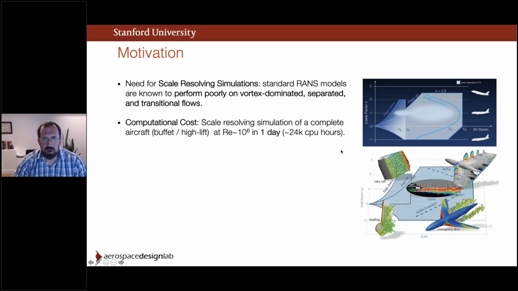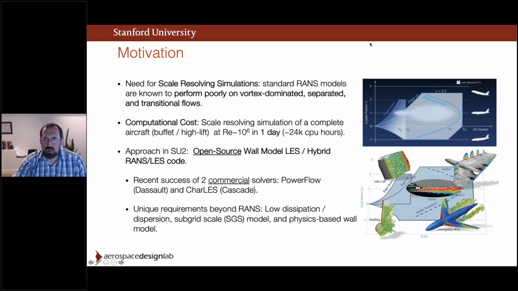Unfortunately, as you probably know, higher fidelity methods like LES and DNS are extremely expensive computationally. Thus, one of the main goals of this work is to use techniques such as hybrid RANS-LES and wall-modeled LES to reduce computational cost while maintaining the advantages of high fidelity scale resolving methods.